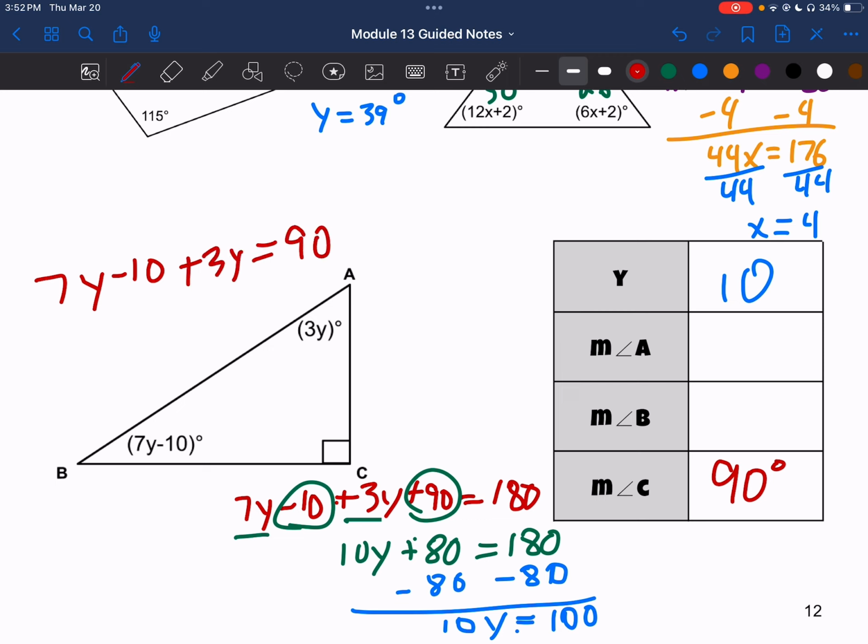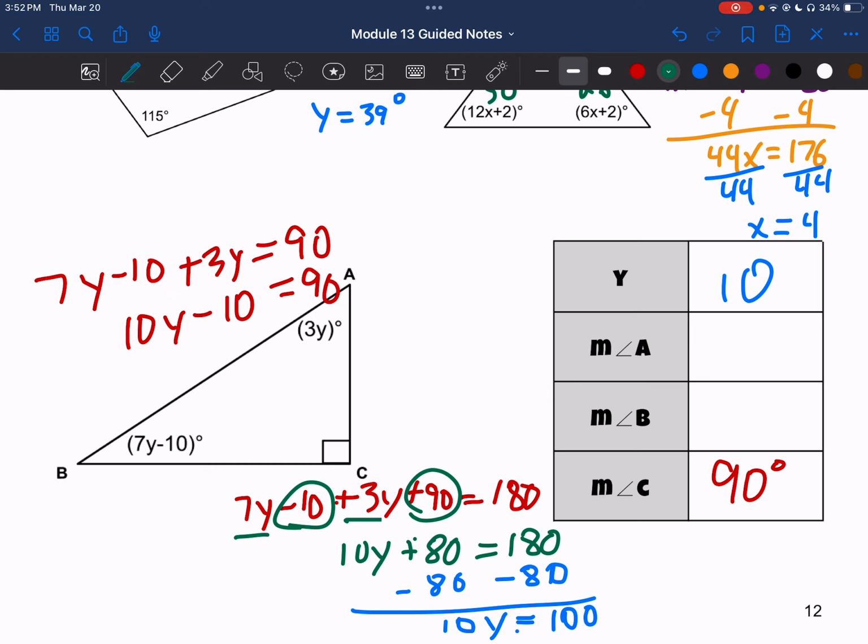We could have done that, and then when you combine like terms, you get 10y minus 10 equals 90. You're going to get to the same point when you subtract 80 from both sides. You'll still get to 10y, or when you add 10 to both sides, you're going to still get to 10y equals 100. Divide by 10, and you get y is equal to 10.